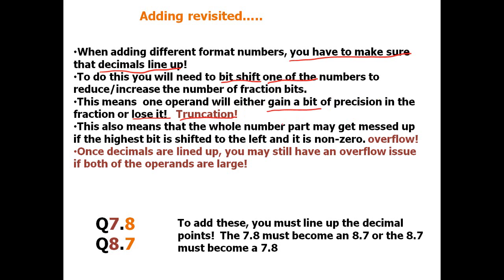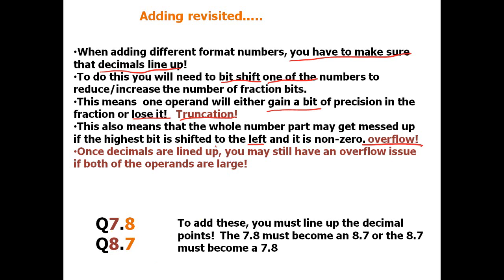This also means that the highest bit may be shifted to the left and may be non-zero, and you may have an overflow. You've got to look at the operands and ask, if we add these two together, are we going to overflow?